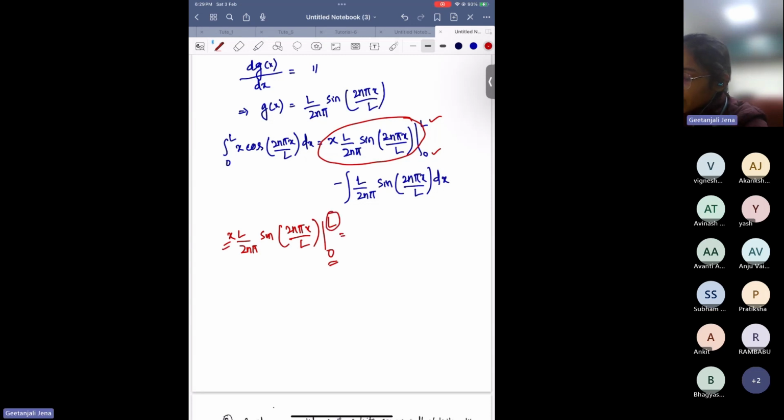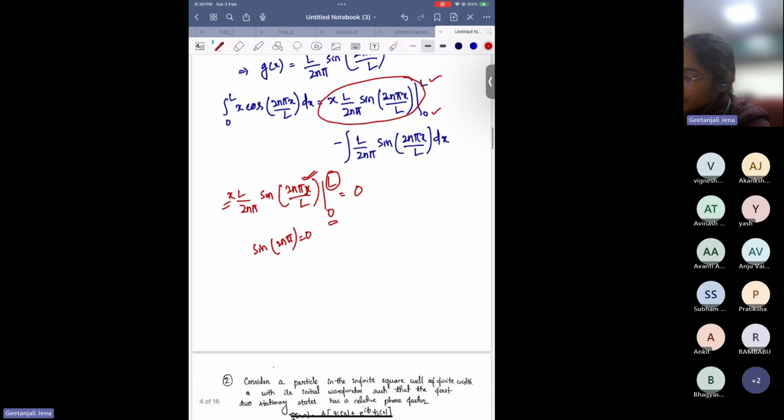And for the second limit L, if you put L in x here, you will see there is a term sine 2n pi. Sine 2n pi is 0. So this means the first term is 0.